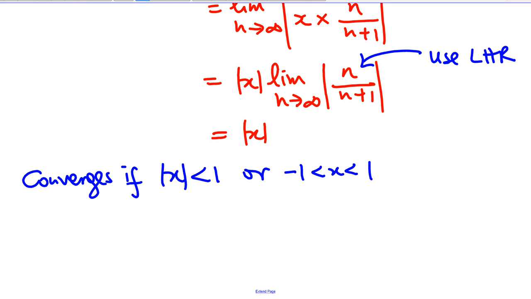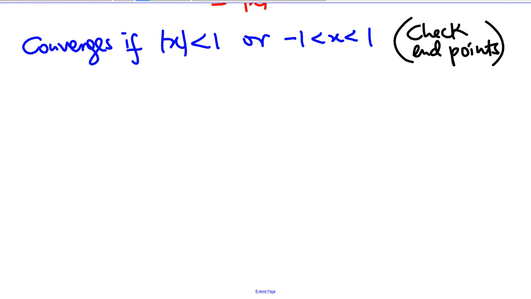And we need to check the endpoints, all right? So to check the endpoints, I'm just going to investigate what's going on. Let's start with x equals -1. Just plug -1 in place of x.